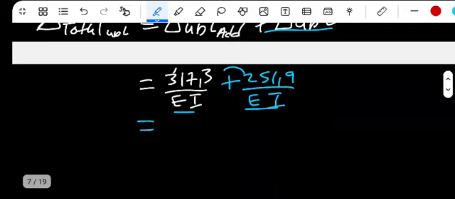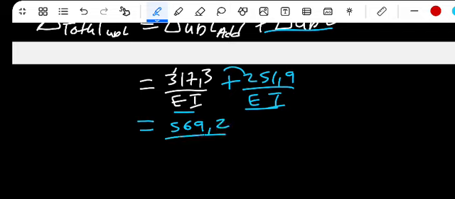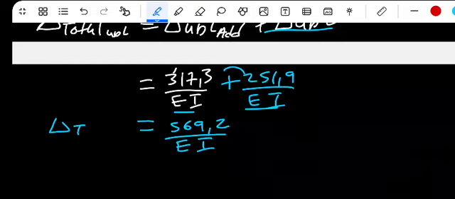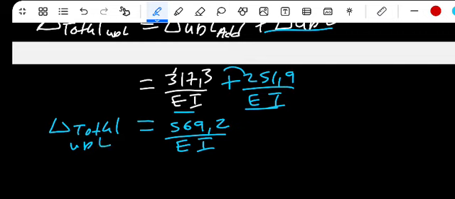So adding this, you'll have 569.2 over EI due to UDL. You have this.